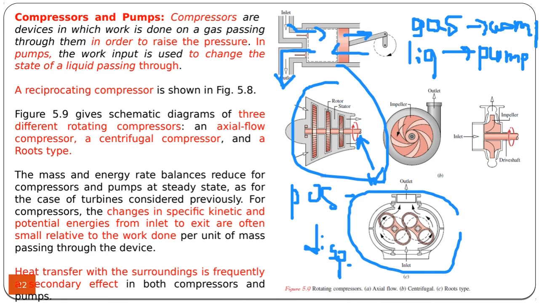The centrifugal compressor is called dynamic because it uses the principle of angular momentum transfer. But whichever the principle is, the objective of a compressor is to increase the pressure of a fluid by adding work on its shaft.